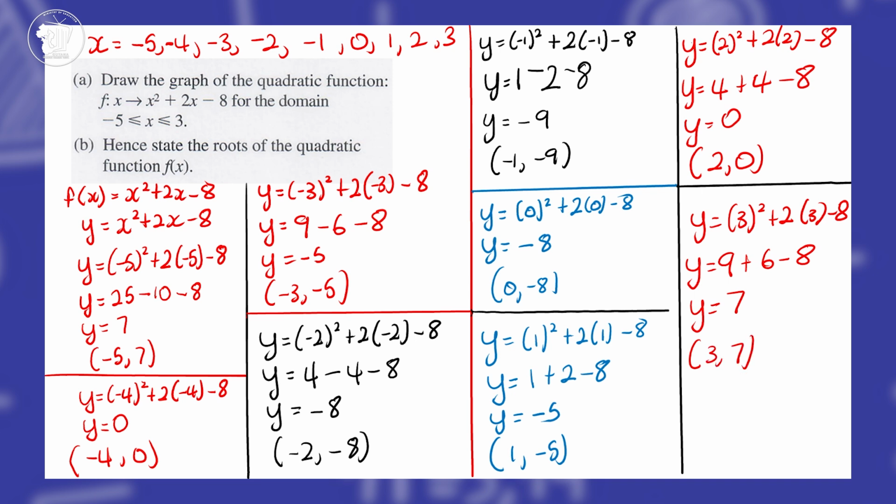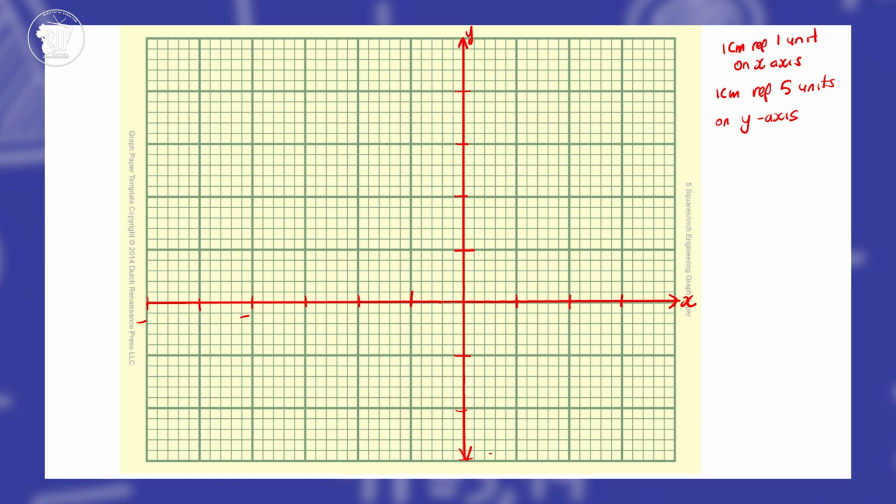Now we have all of our coordinates from the domain that they gave us. Now we use these coordinates to plot our graph. So an important thing to decide when we are plotting our graph is the scale that we'll use.